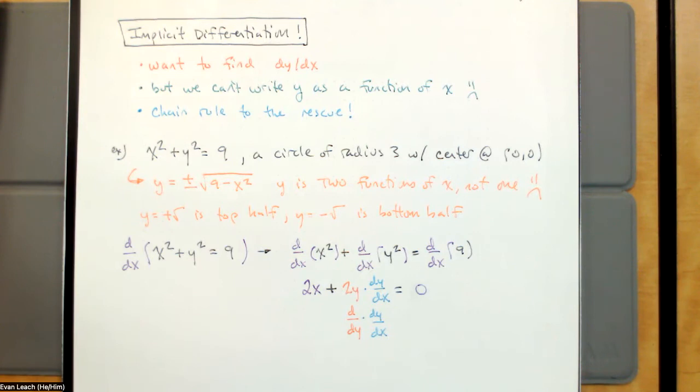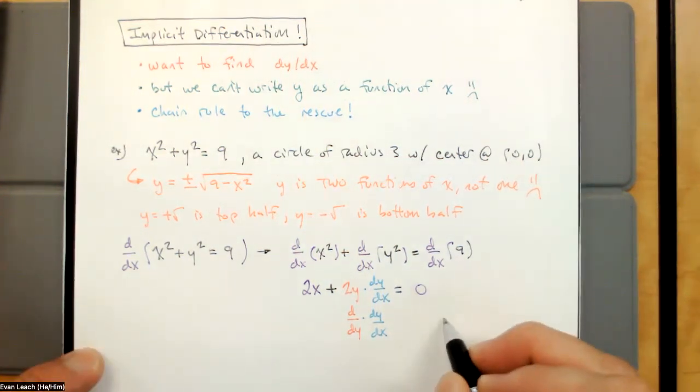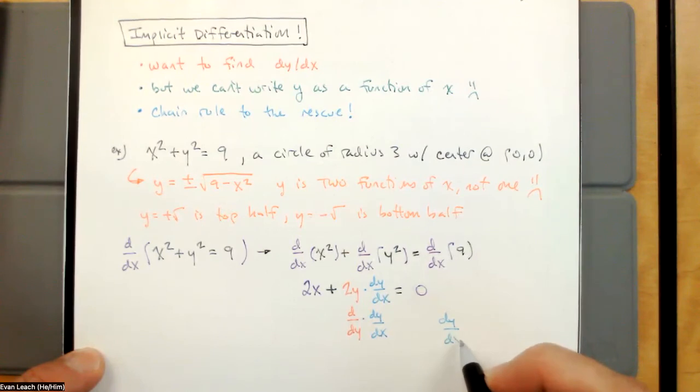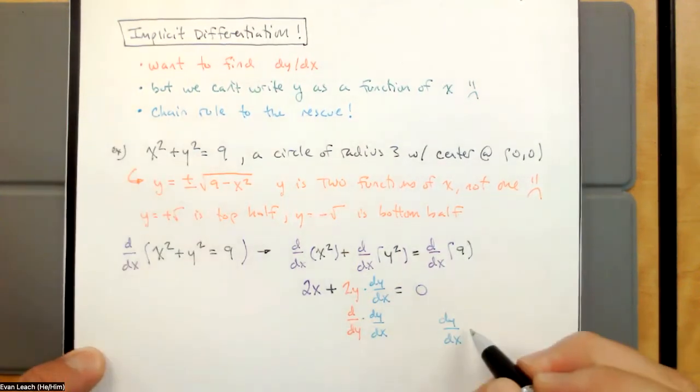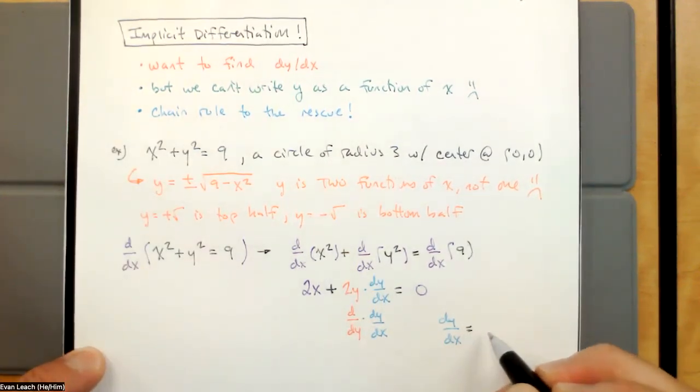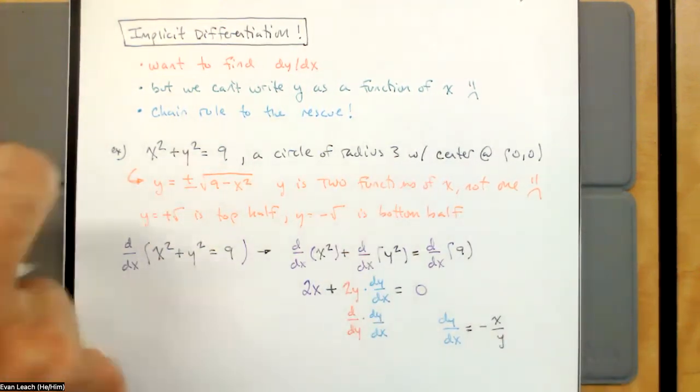Now the goal was to find dy dx. I could just solve for dy dx. I'll subtract 2x from both sides and then divide by 2y. So dy dx is equal to minus x over y. The 2's cancel.